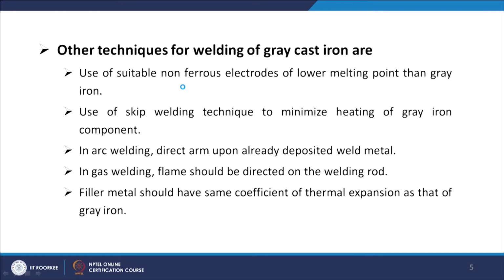Other techniques for the welding of the gray cast iron: we use suitable non-ferrous electrodes of lower melting point than the gray cast iron. That is one way we minimize the excessive cooling rate.